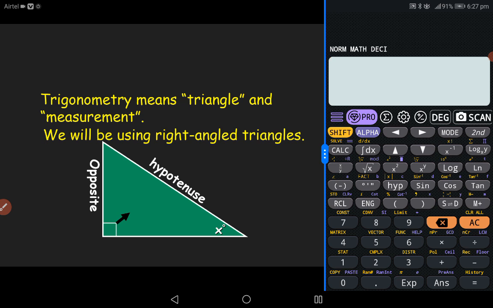We are just labeling the triangle before we proceed. When you see a right-angled triangle, you should be able to tell which is the hypotenuse side, which is the opposite side, and which is the side forming the given angle. This is the side on which the given angle is leaning.